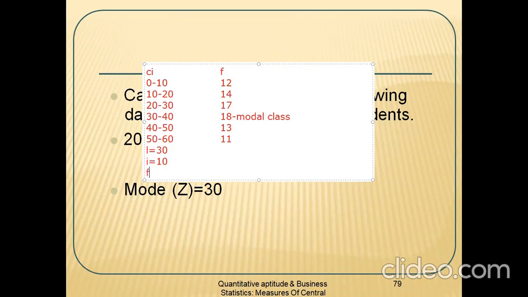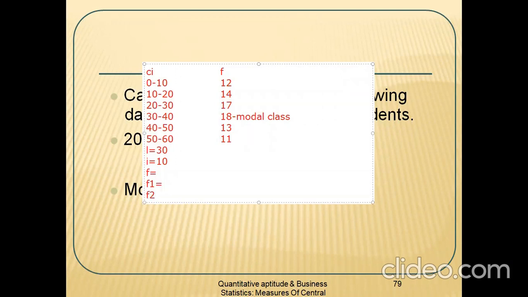Now, three important things which you should write: F, F1 and F2. The frequency of the modal class is considered as F, the prior number is considered as F1, and the succeeding number is considered as F2. So this is your F1 and this is your F2.